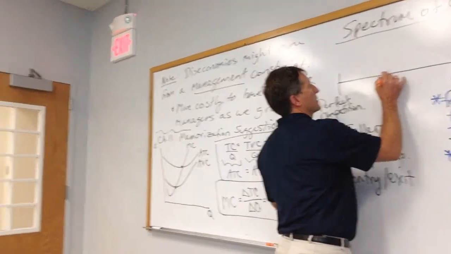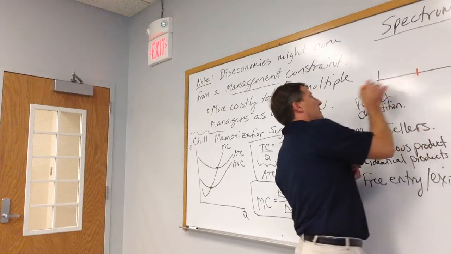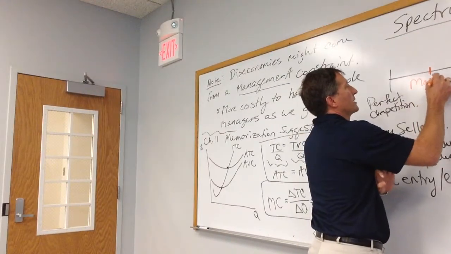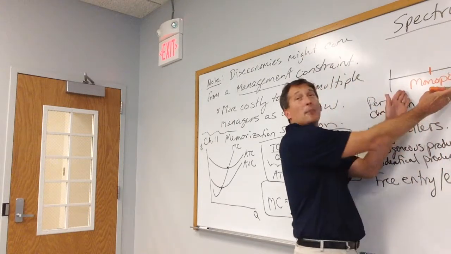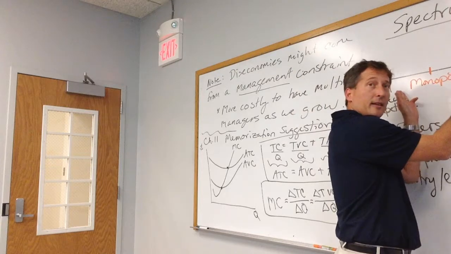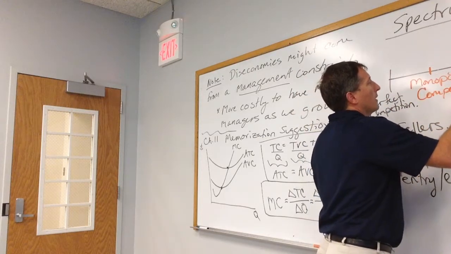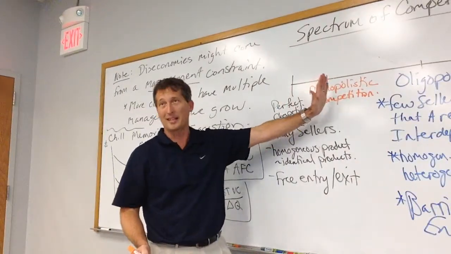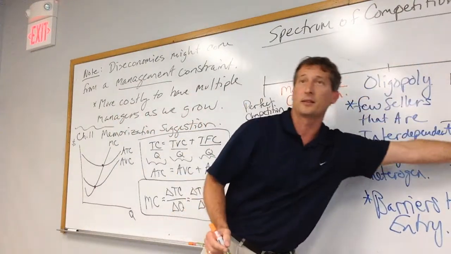Our last one here, which I'll put on the spectrum even a little closer to perfect competition, but the name is kind of weird. It's monopolistic, like a monopoly, monopolistic competition. The reason I drew it on the spectrum closer to here is that it really is closer to perfect competition than it is to monopoly.